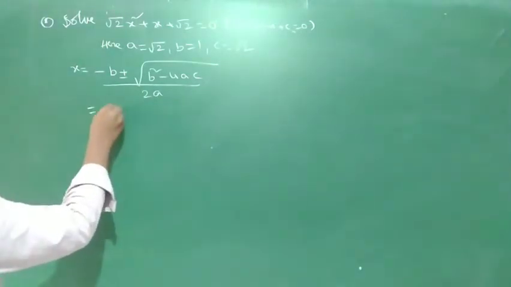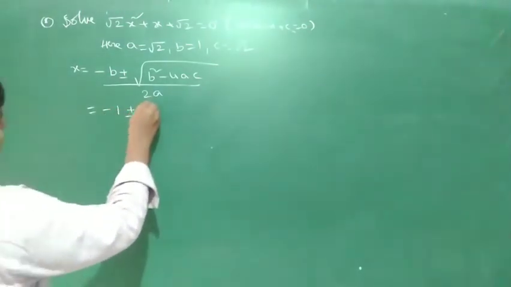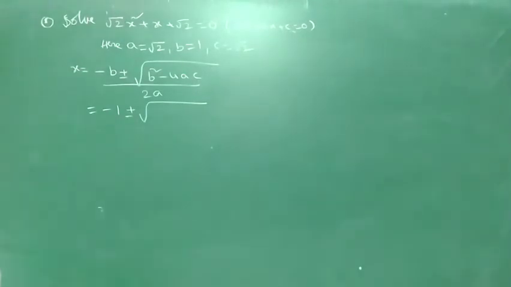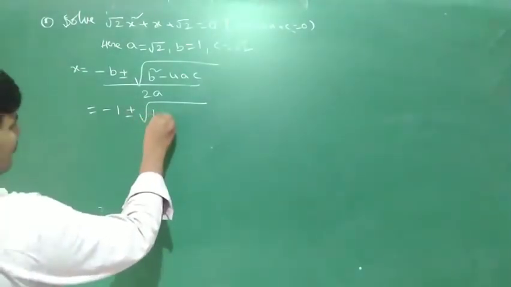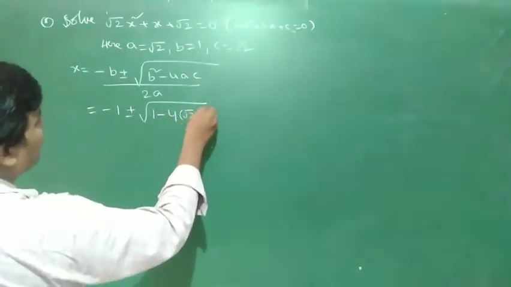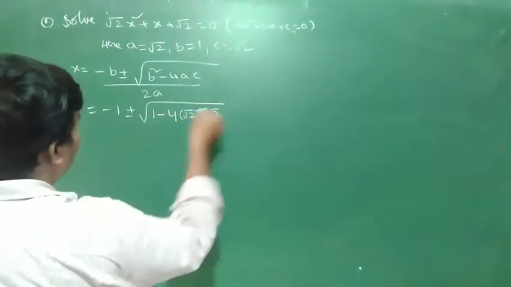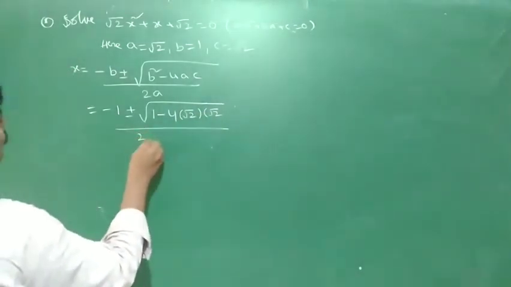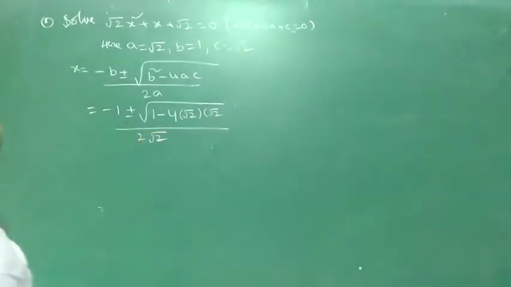So x is equal to minus b, that is minus 1, plus or minus root of b square, 1, minus 4 into a, root 2, into c, root 2, by 2a, 2 root 2.